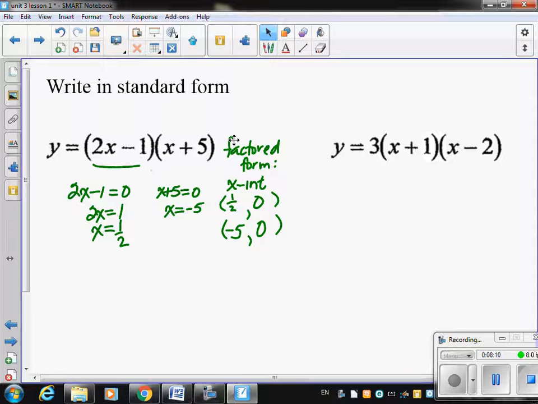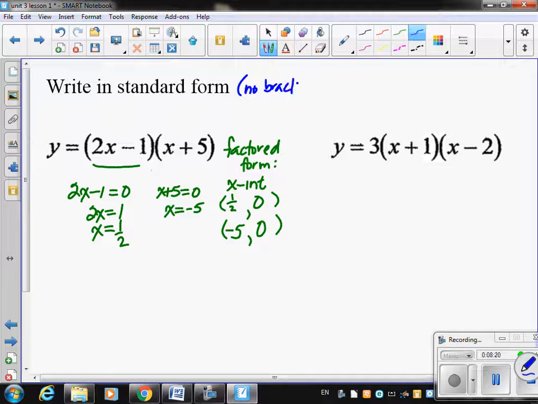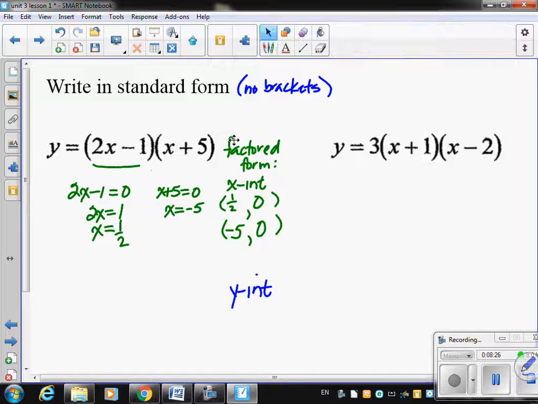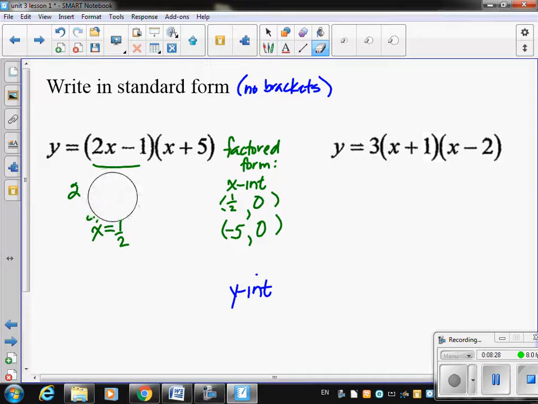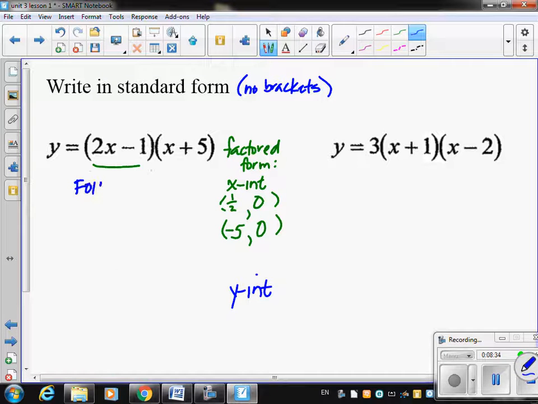What we're asked to do today is to write this equation in standard form. That's with no brackets. And it will tell us our y-intercept. Okay. I'm just going to erase this, and we are going to do FOIL on our equation just to write it in a different form so that it'll have no brackets.